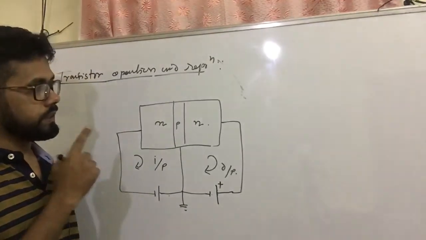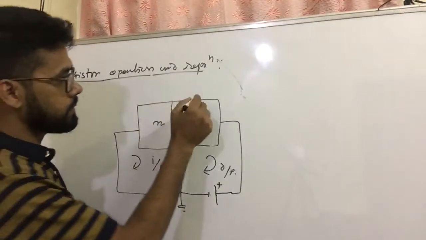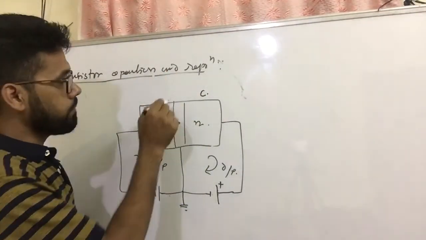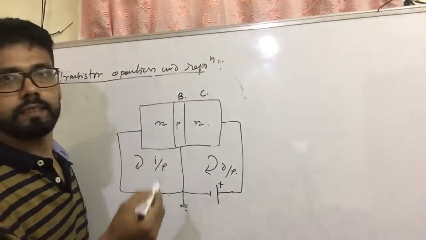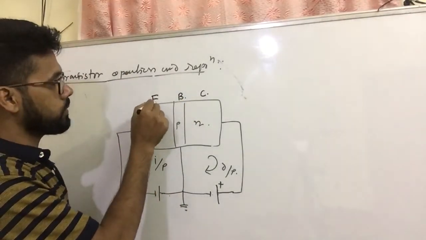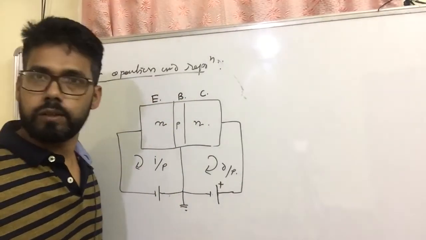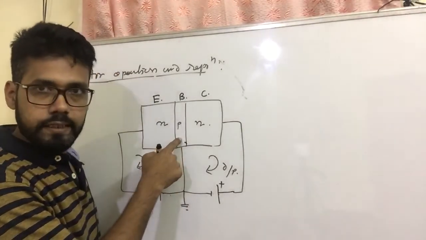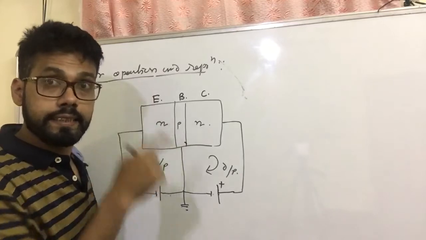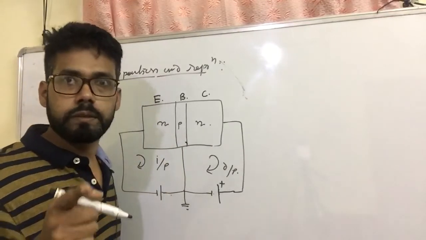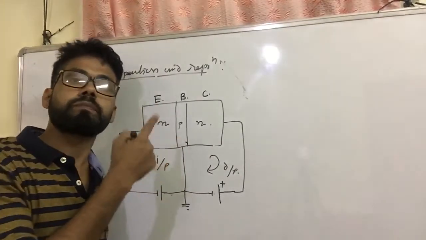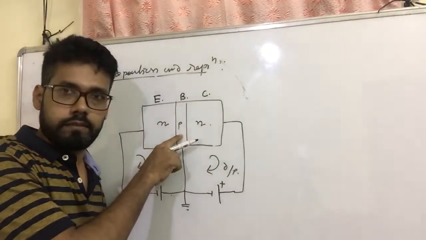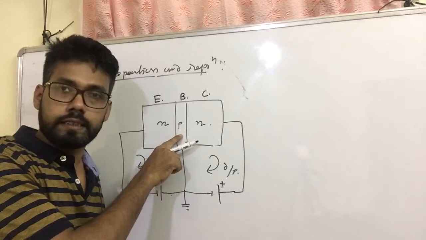Now this output side is known as the collector, okay, and the middle portion is known as the base, and this portion is known as the emitter. Okay, clear? And this dimension is very small, like the base region is lightly doped. Why lightly doped? Because a lightly doped base region means less number of carriers.